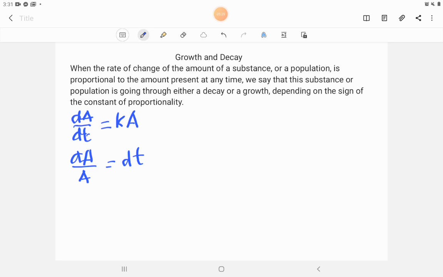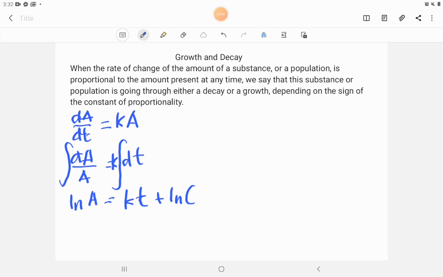We use again what we call separation of variables, which you are very familiar with already. And then we integrate. So we have here ln of A, and here we have k dt, so the integral of k dt is kt plus ln of c. So instead of just writing c, we write ln of c.